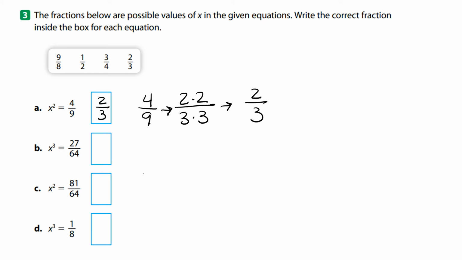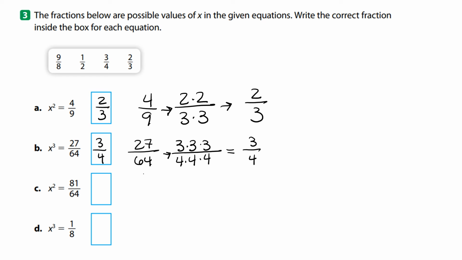For b, we have x to the third power. So I'm going to take 27 and 64 and break it down 3 times. 3 times 3 is 9, times 3 again gives me 27. 4 times 4 is 16, times 4 again gives me 64. So 3/4 is my fraction.